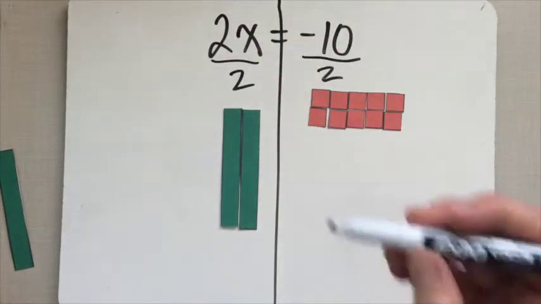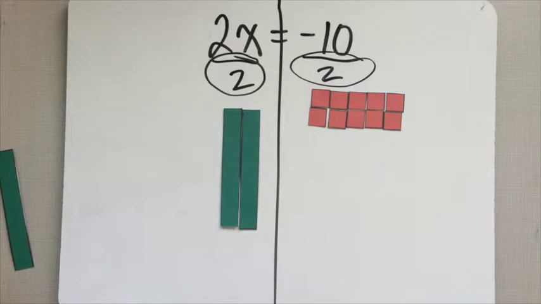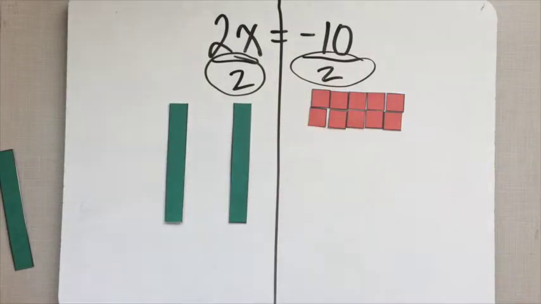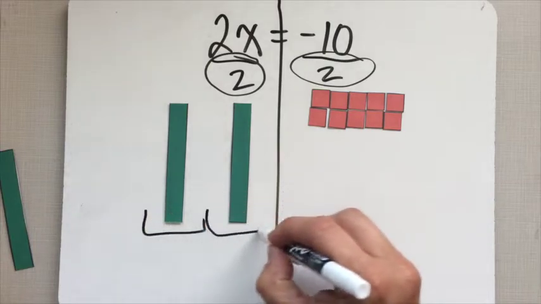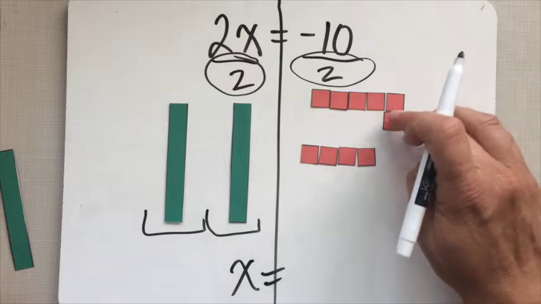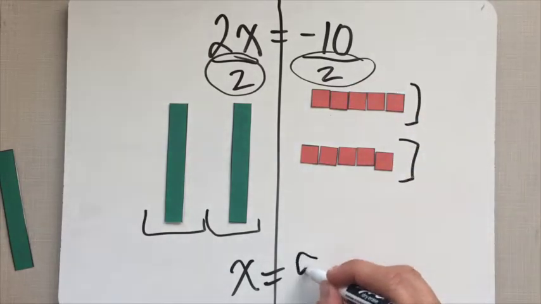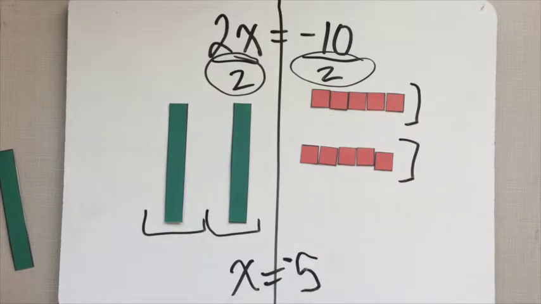I divided 2 on this side, so I divided 2 on this side. Exactly the same. When I divide this by 2, I break it into 2 groups. Each group has 1 x in it. When I divide on this side, I break it into 2 groups. Each group has 5 negative ones in it. So my answer is x equals negative 5.